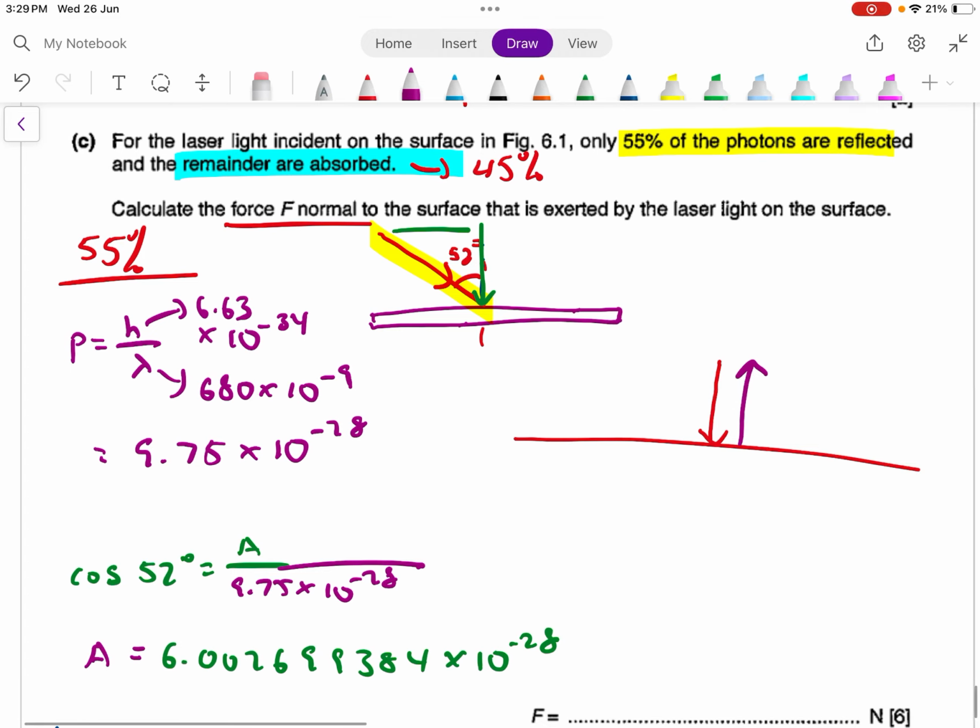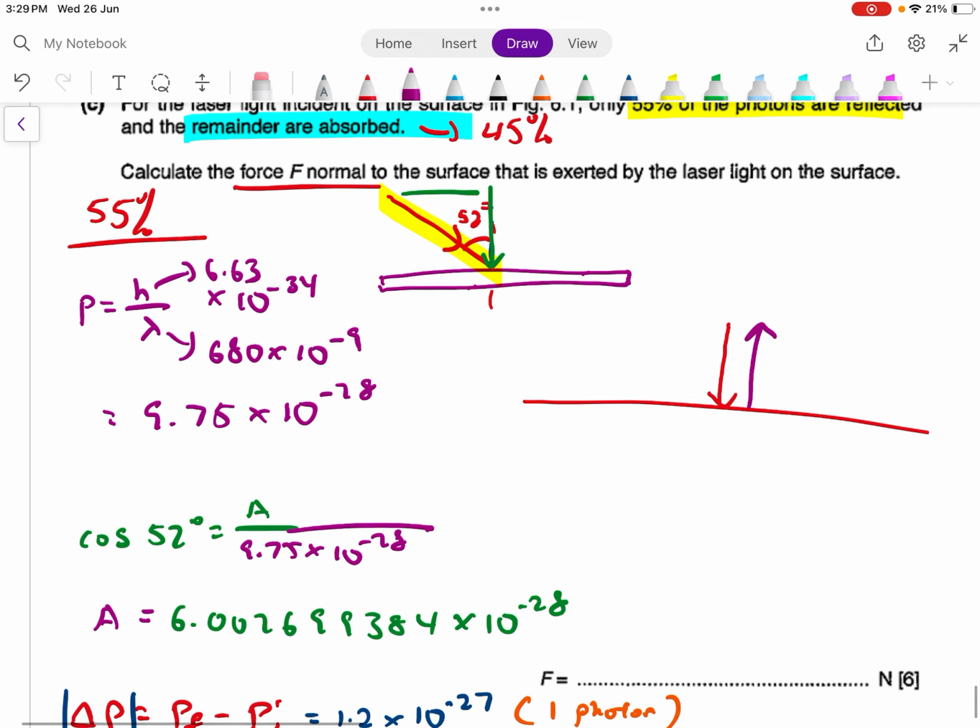Let's do the calculation together, for example the 55%. First we need to determine the momentum. The momentum of the light is p equals h over lambda. So this 9.75 times 10 to the power negative 28 is the momentum in the diagonal direction, meaning at the 52 degree angle to the normal.